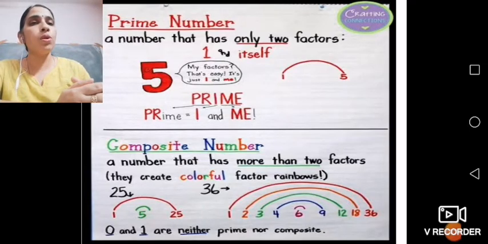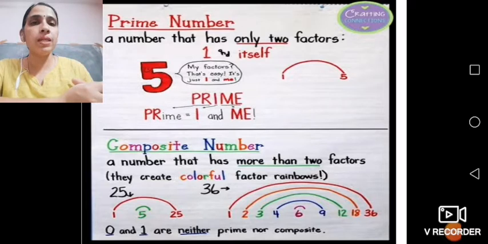They are showing the factors of 36. 36 has more than two factors: 1, 2, 3, 4, 6, 9, 12, 18 and 36. These all numbers are factors of 36, which shows that a composite number has more than two factors. It may be 3, it may be 4, it may be 10, it may be 12, as many as.